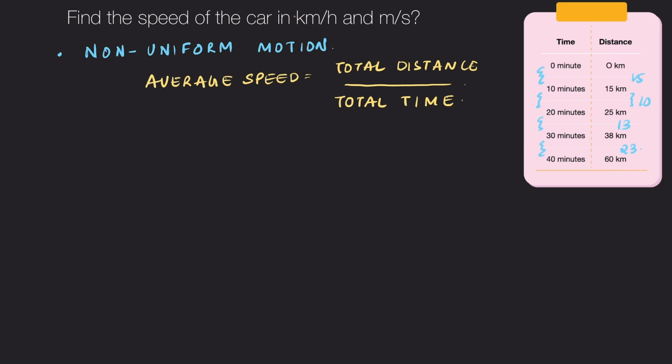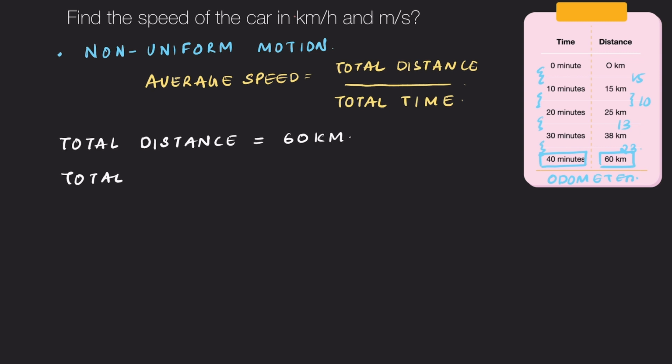Now, the person who was sitting next to the driver took some odometer readings, right? From the table, it is clear that the odometer reading, the total distance traveled, is 60 kilometer and the total time is 40 minutes. That means total distance is equal to 60 kilometer and the total time is 40 minutes, right?